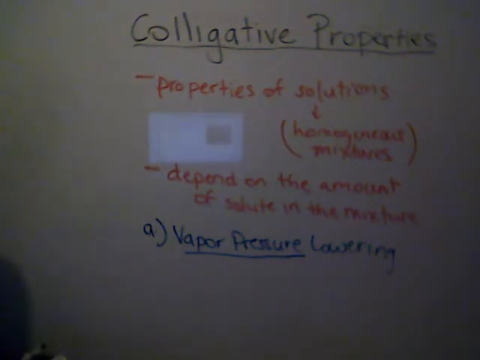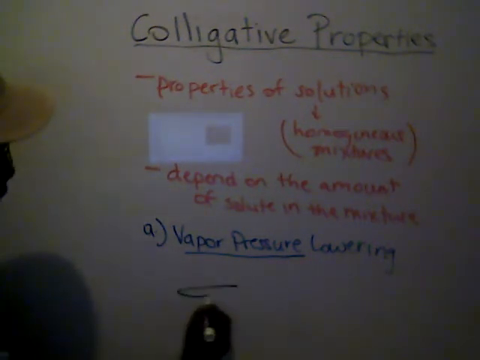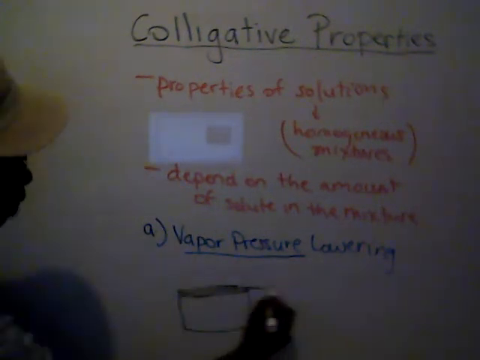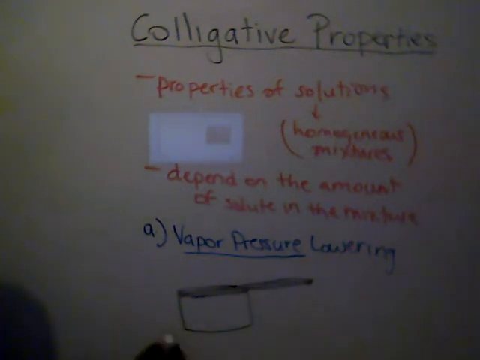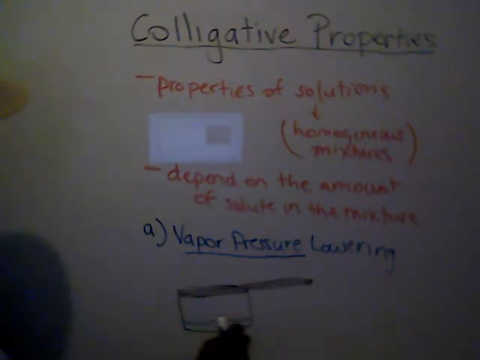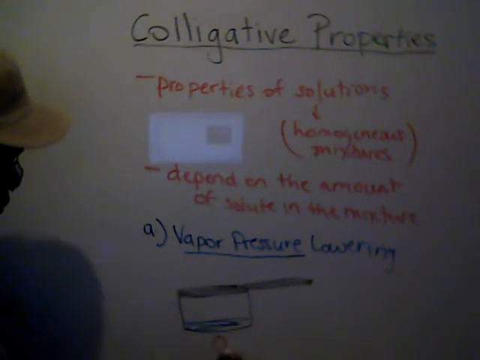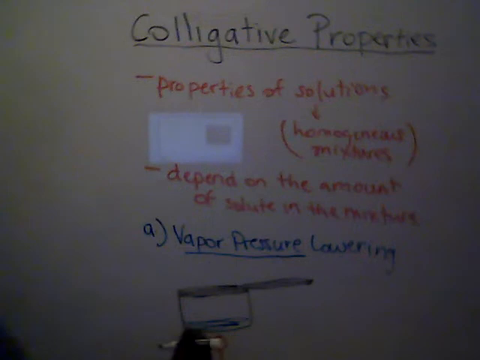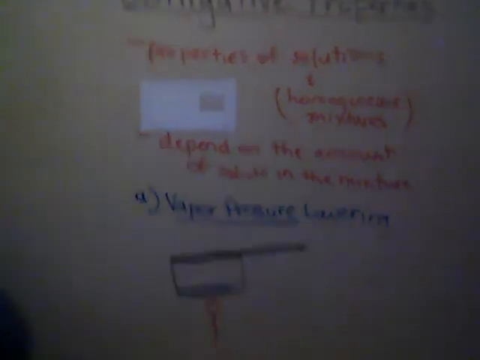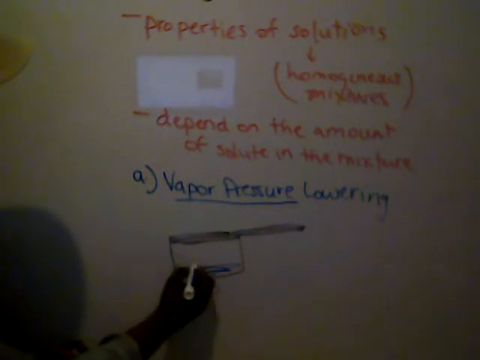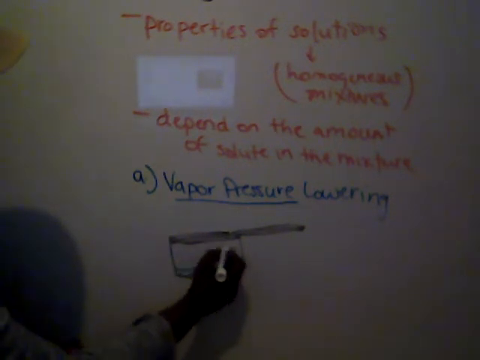Remember when we were talking about boiling points in the gas unit, we said that if we had a pot with a lid on it, so something in a closed container, and let's say we had water in this pot and it was sitting on a flame, over time these liquid water particles would get enough energy to start to evaporate, and when they evaporate, they would create gas. Now, vapor pressure, by definition, is the gas above a liquid.